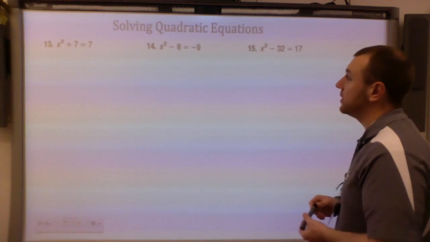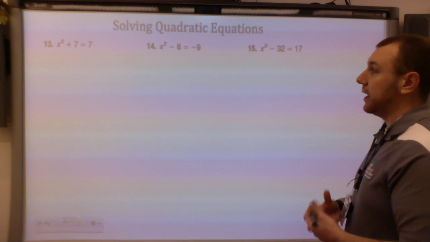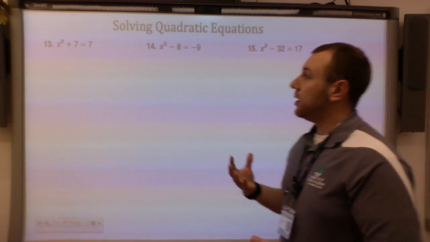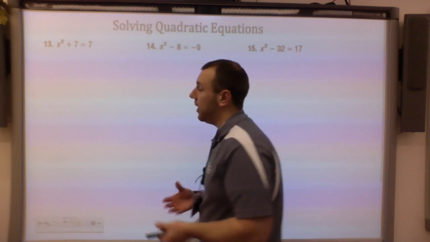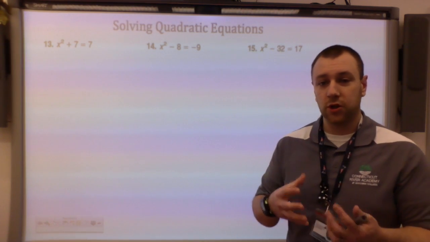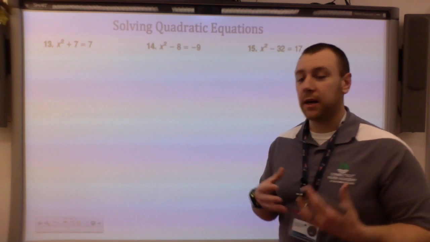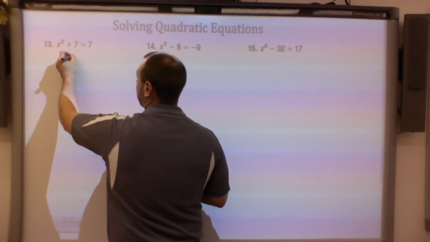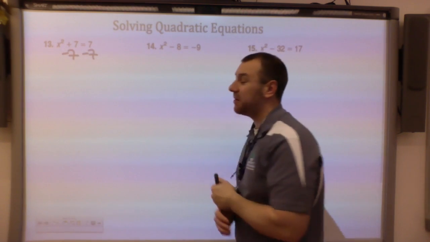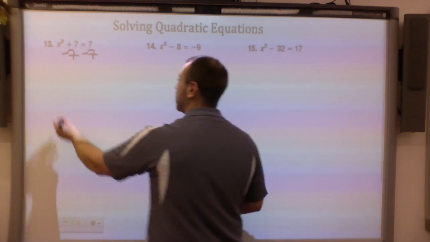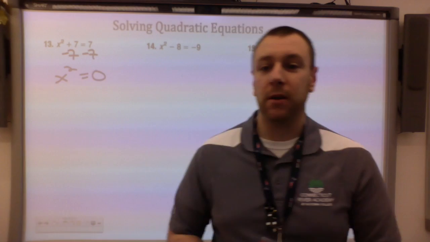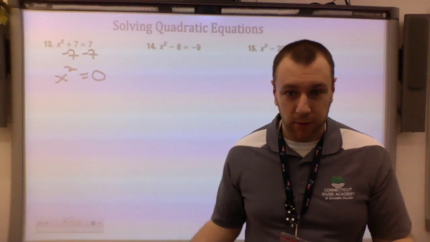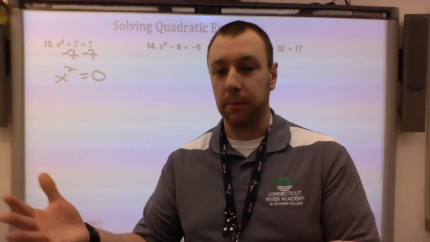So the rest of these are all about recognizing and solving, isolating that variable. Now, I often have trouble because of simple things like this. I'm going to subtract 7 from both sides. X squared equals 0. So many people think that there are no zeros everywhere. Okay, something has to equal something.